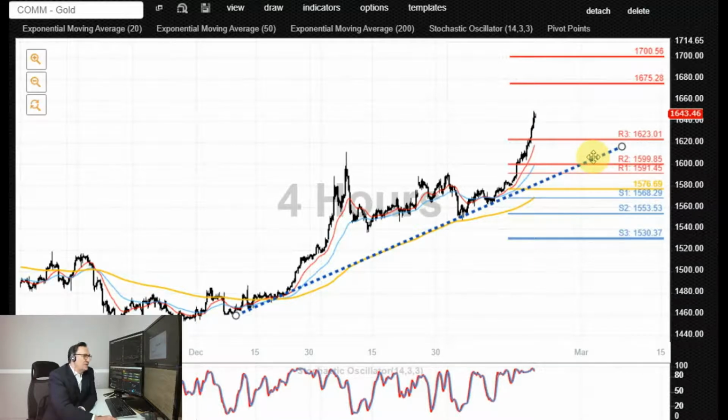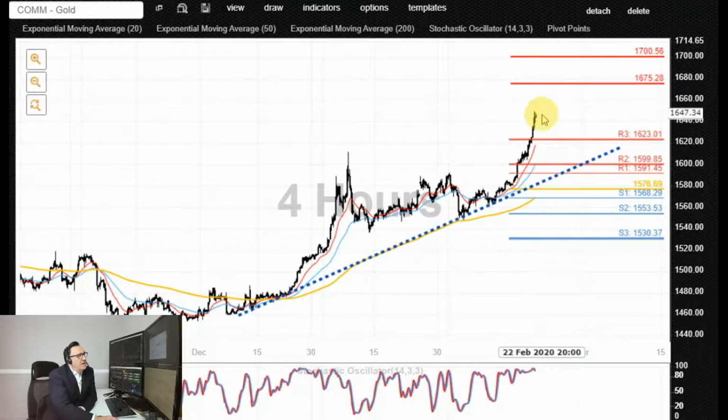If we see some significant buying pressure, we could potentially see a spike higher. Alternatively, if we see a shallow pullback and a rally, or just a gradual move higher from these current highs, they could potentially open the way for the retest of additional resistances towards 1660, 1675, possibly even 1700 to the upside.